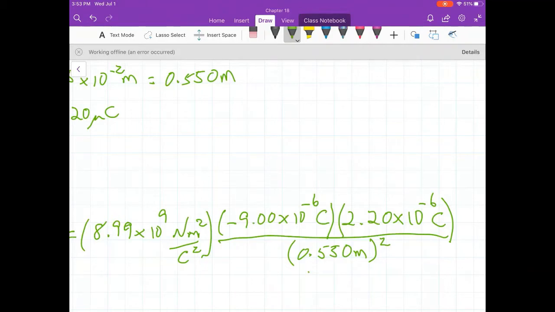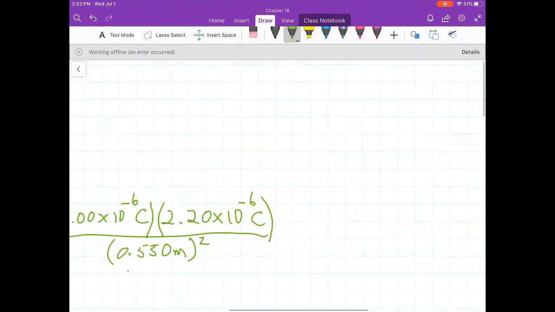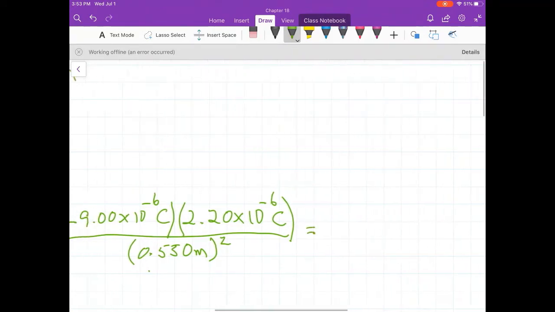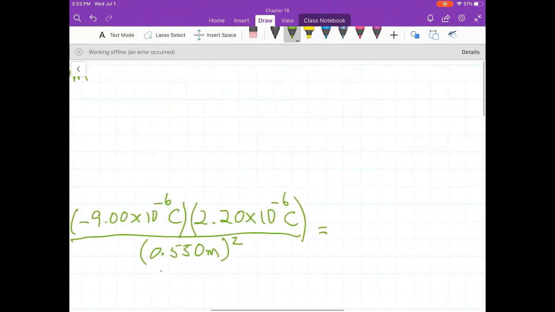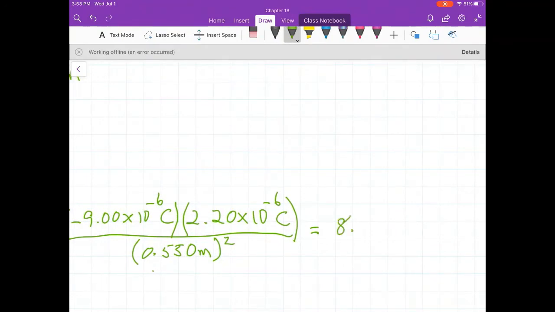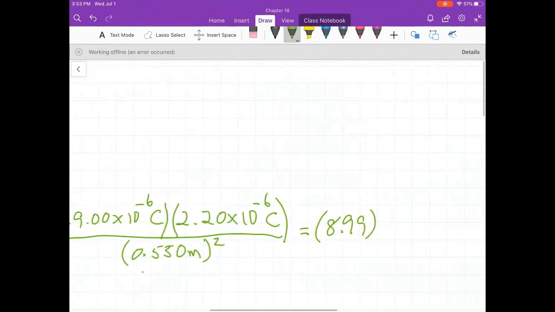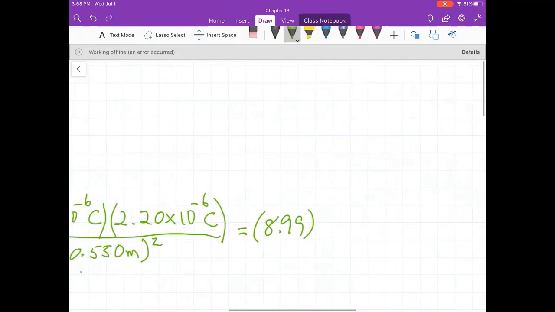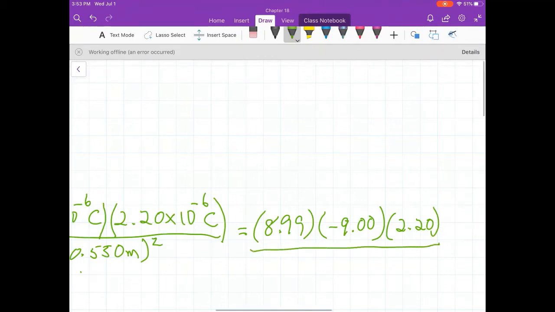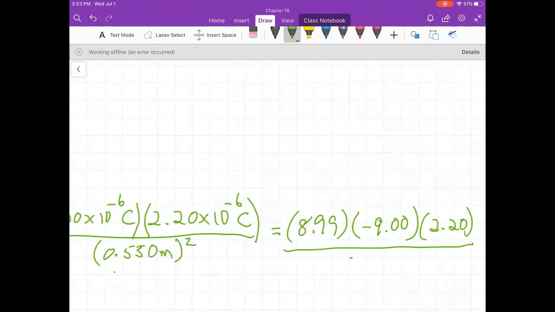Now to solve this problem, you could go directly to the calculator. I find it tedious to type in all those powers of 10. I prefer to gather up the numbers, gather the powers of 10, and solve that. So here are the numbers, from left to right: 8.99, there's a minus 9, there's the 2.2, and we're going to have 0.55 squared in the denominator.